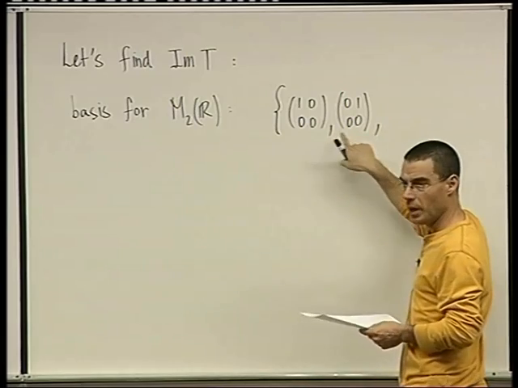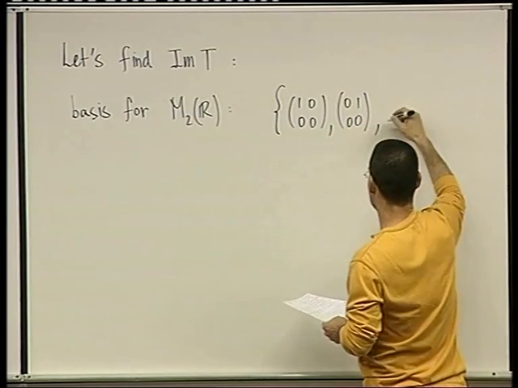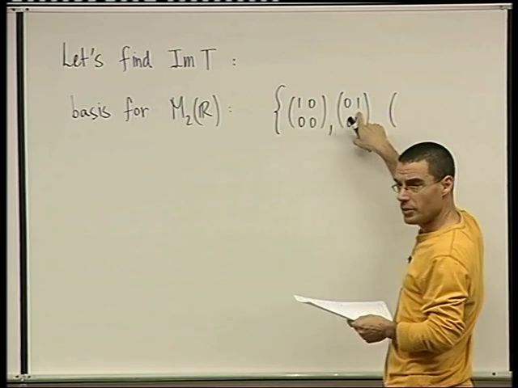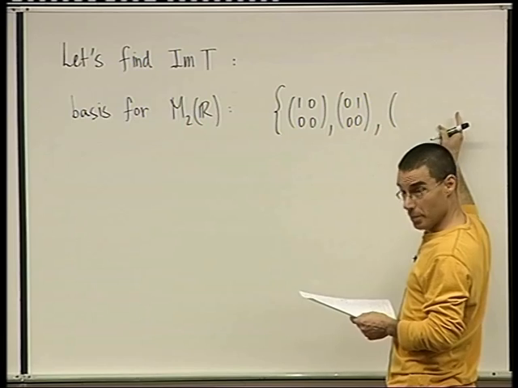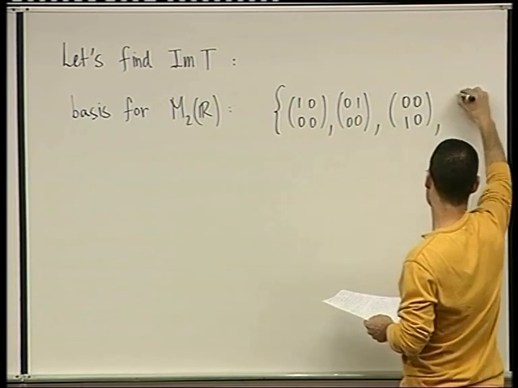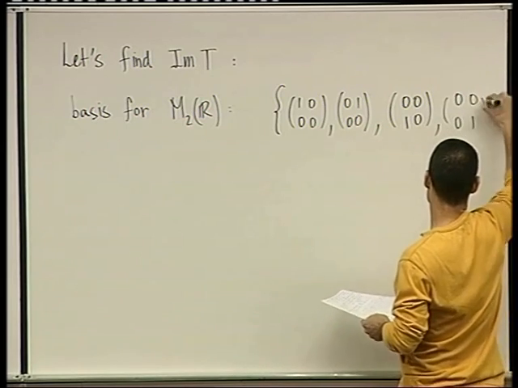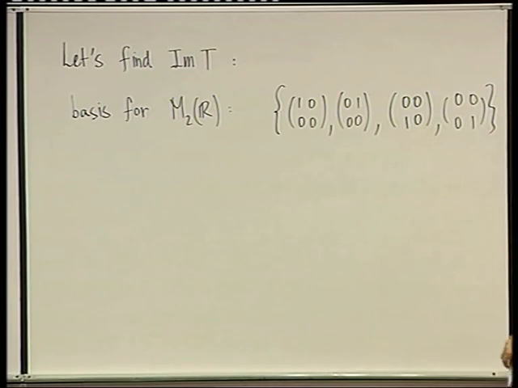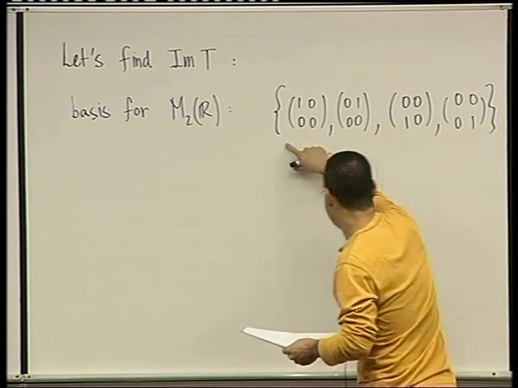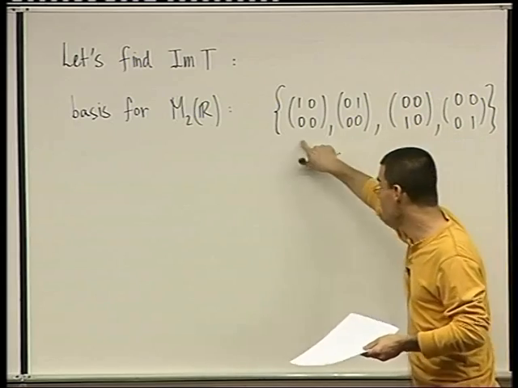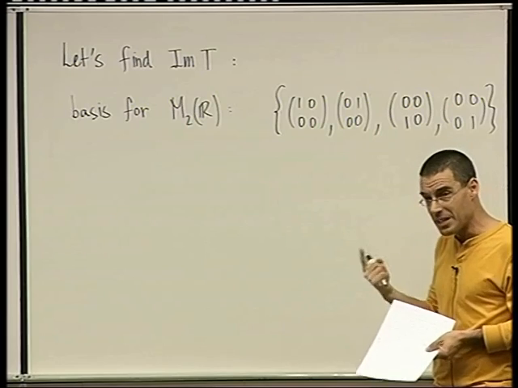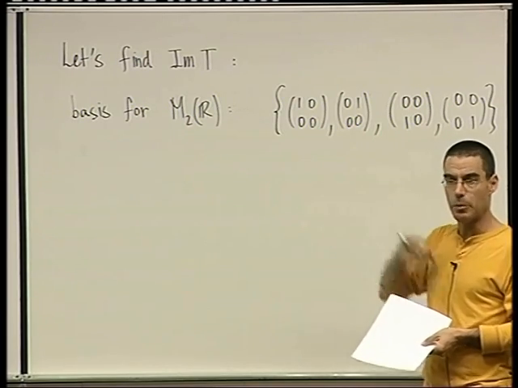We called it E11, E12, E21, E22, remember that notation? 0, 0, 1, 0, and 0, 0, 0, 1. There you have a basis for M2 of R. If we do T of this, T of this, T of this, and T of this, we're going to get a spanning set for the image. That was the previous theorem.